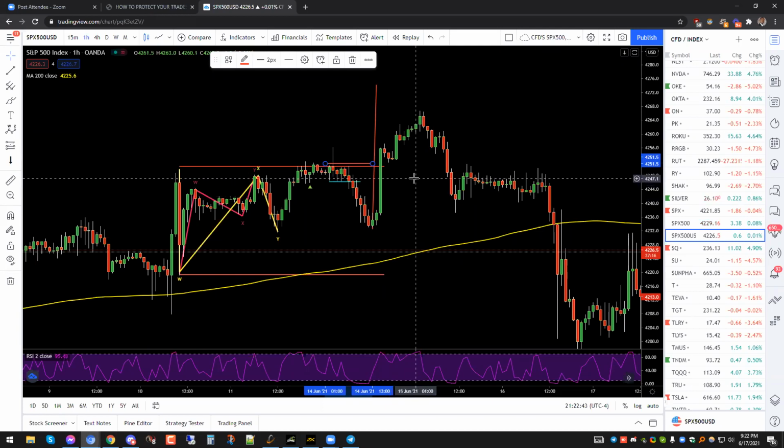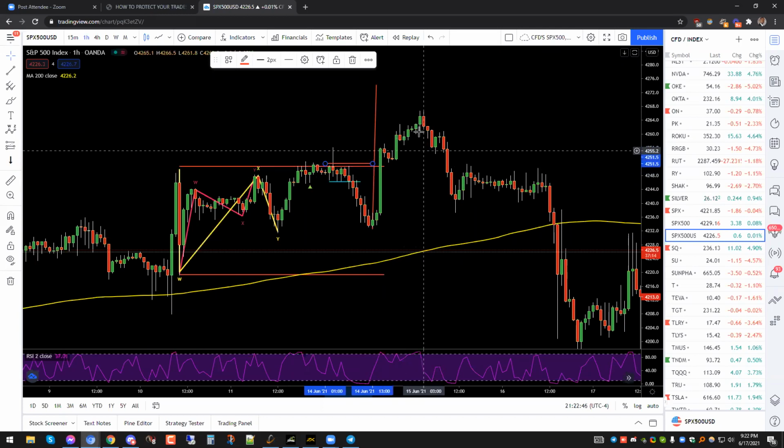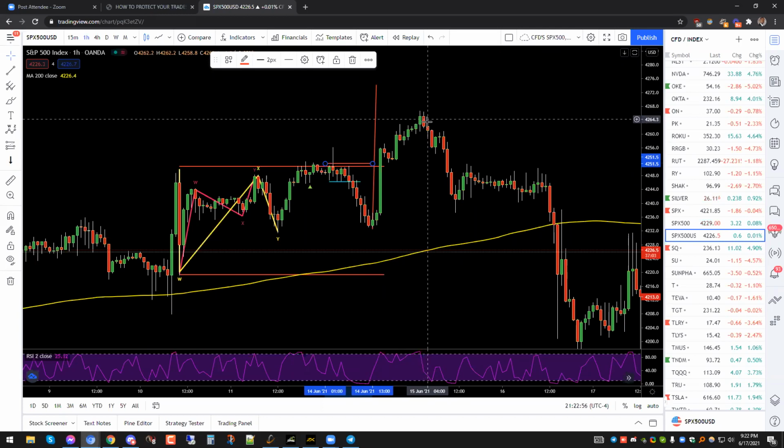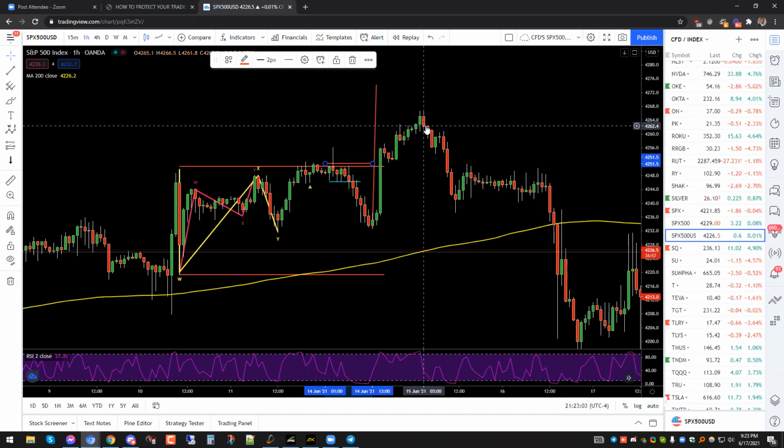Now, let's see if we can find another example. Here we have 2 a.m. Eastern Standard, 3 a.m. At 3 a.m. we got an engulfing candle. Now this engulfing candle happening at 3 a.m. to 4 a.m. gives us a very good signal that price wants to go down.